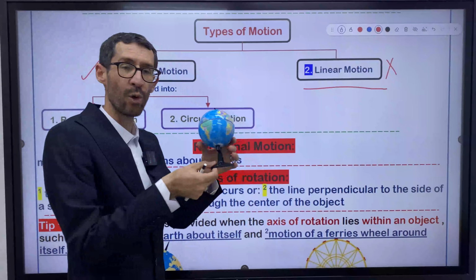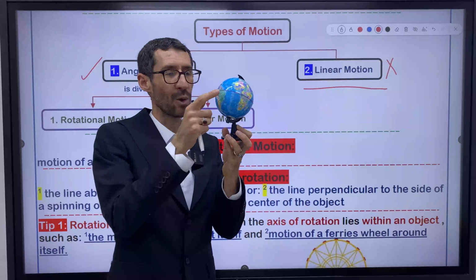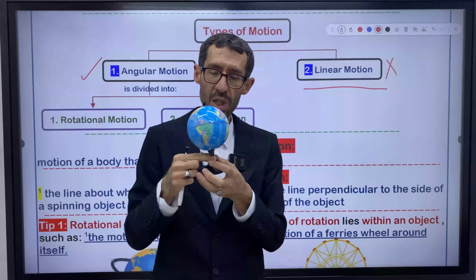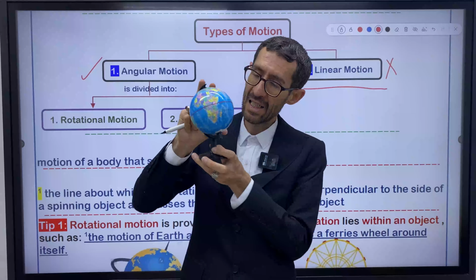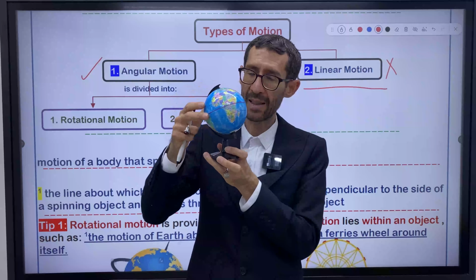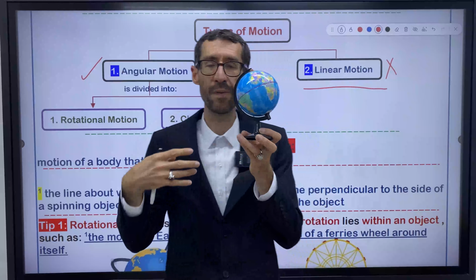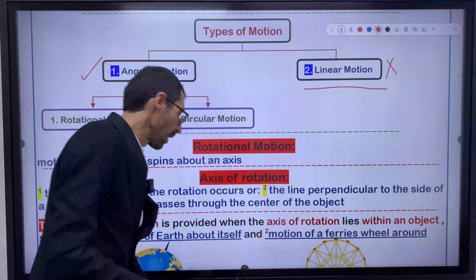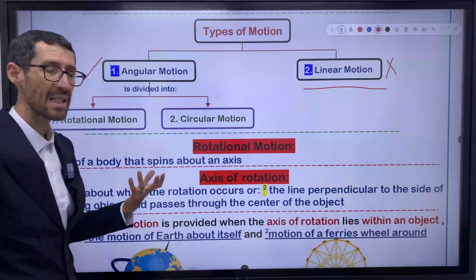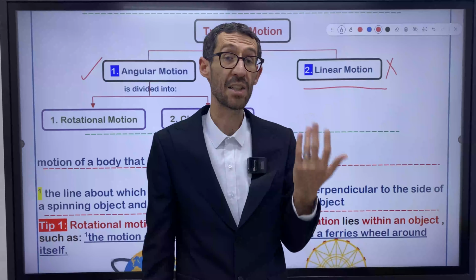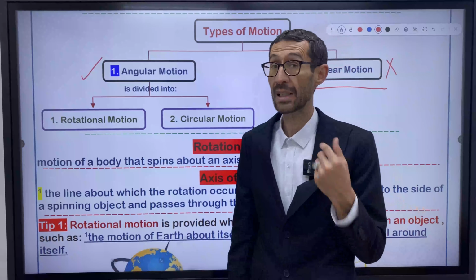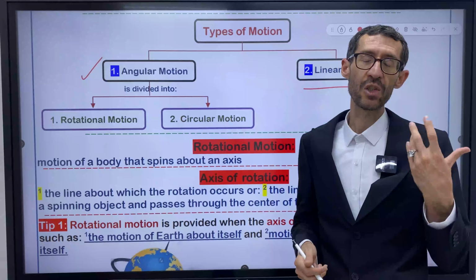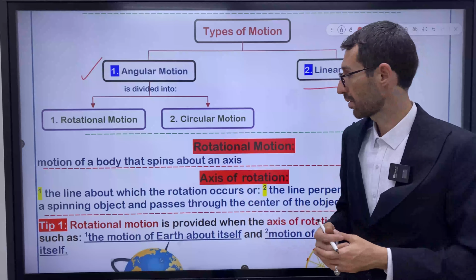About the Earth globe, there is an imaginary axis of rotation that connects the two poles together, North Pole and South Pole, and it passes through the center of Earth. So the axis of rotation is essential for describing rotational motion. Without it, you cannot describe the motion of the spinning object.